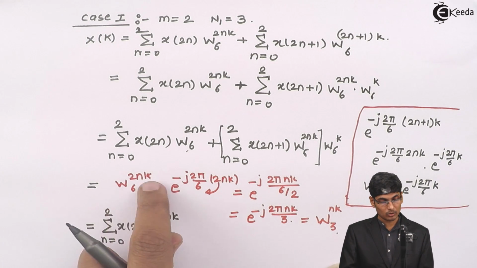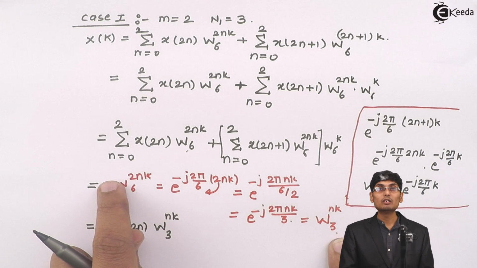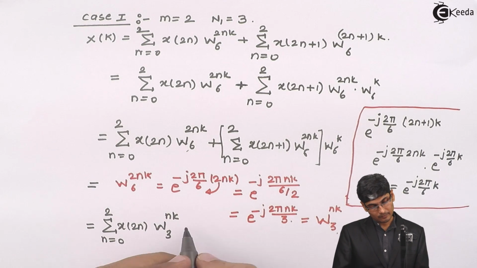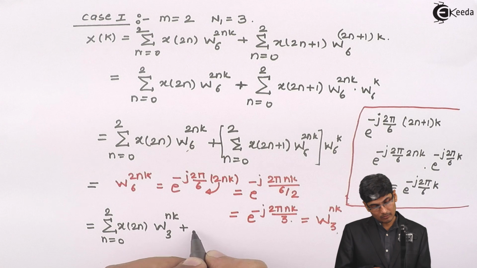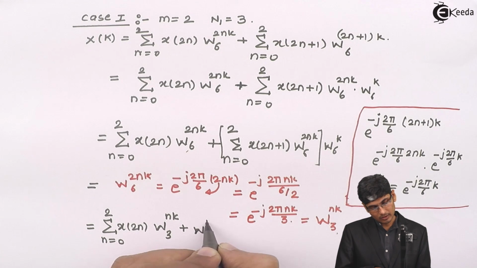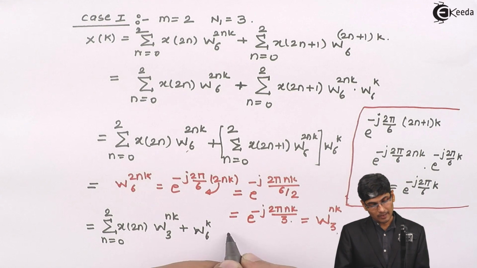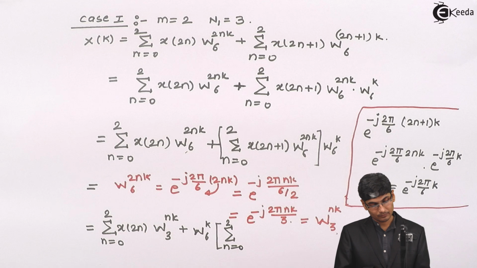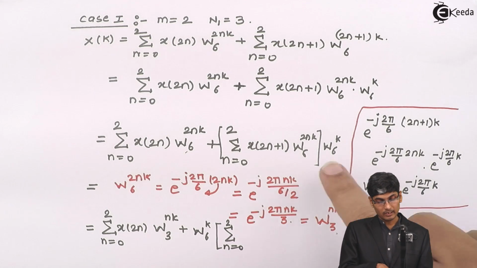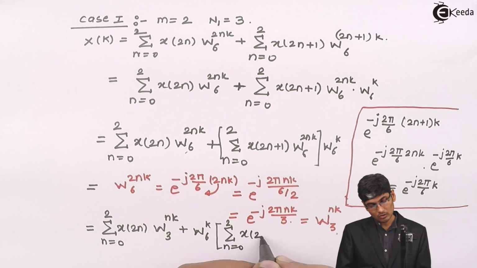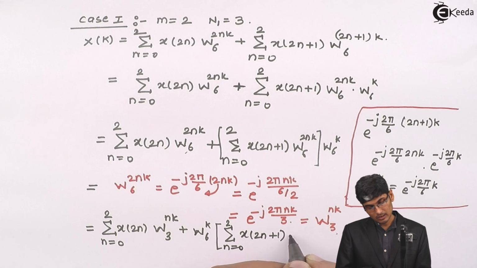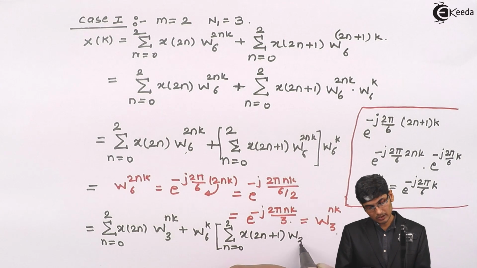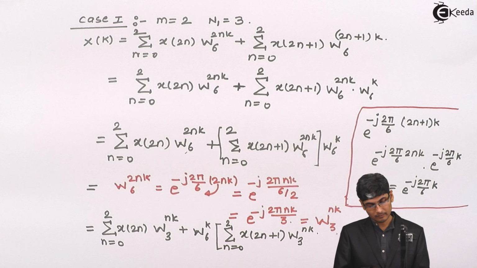I can replace W6 raised to 2nk with W3 nk, plus I have this W6 raised to k with me over here, and then again I have the second term, which is summation n goes from 0 to 2, x of 2n plus 1 into W3 raised to nk.